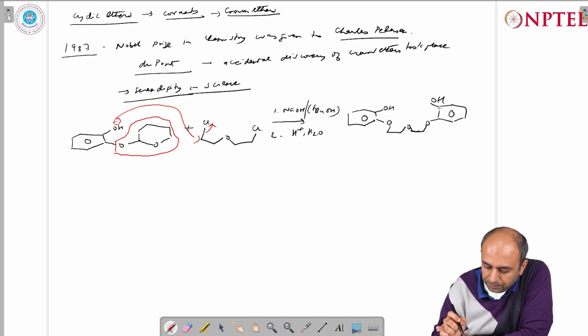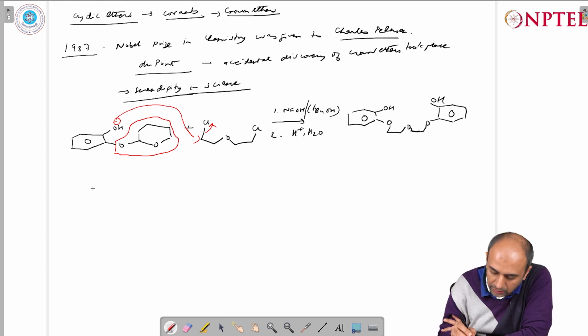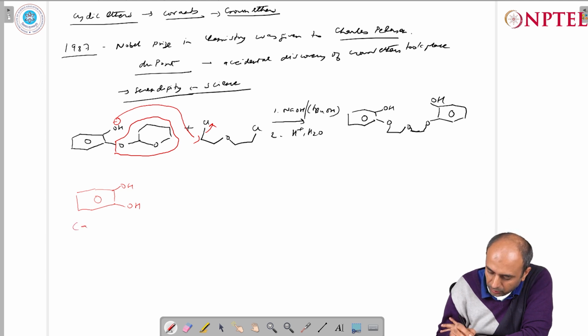But what happened? The starting material actually contained a trace amount of the catechol.